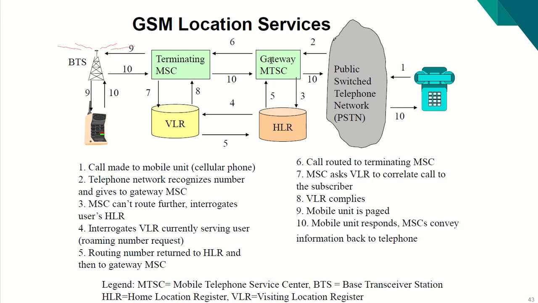Then the gateway confirms that the cell phone is under control of this base station, and sends the information to this MSC, and that MSC checks again with a visitor database.